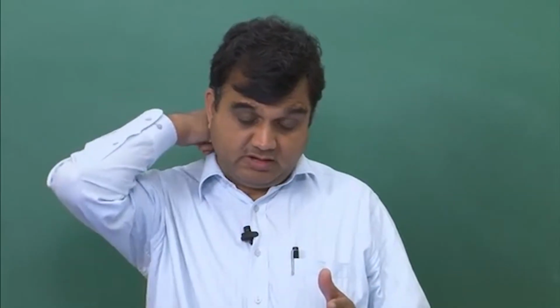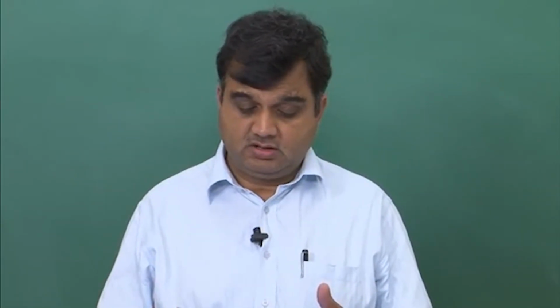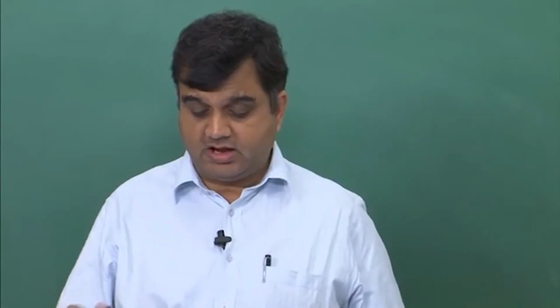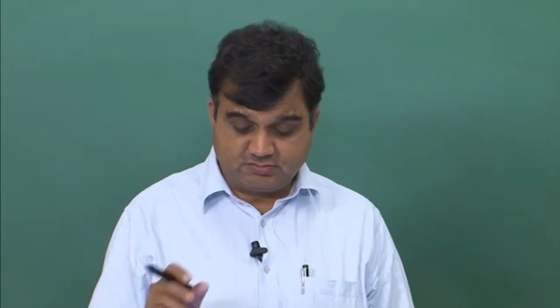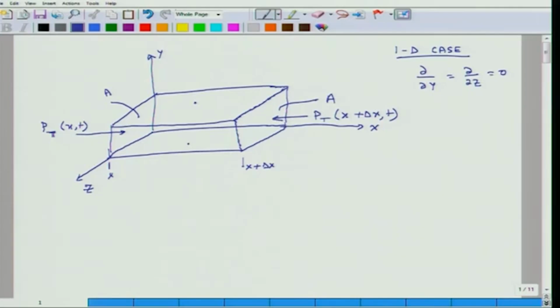On my left face, I am having a pressure Pt, which is a function of x, and on my right face, I am having a pressure Pt, which is different because the value of x is not x, but x plus delta x. So now using this picture, I can apply Newton's second law. I try to find the net external force on this material volume, and then I equate it with the rate of change of momentum.